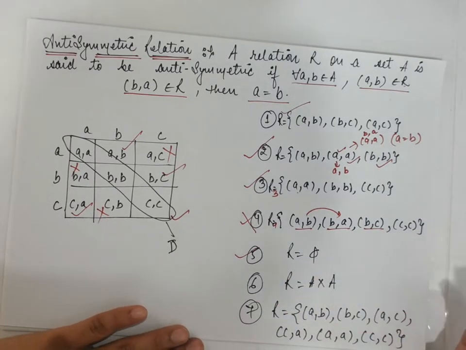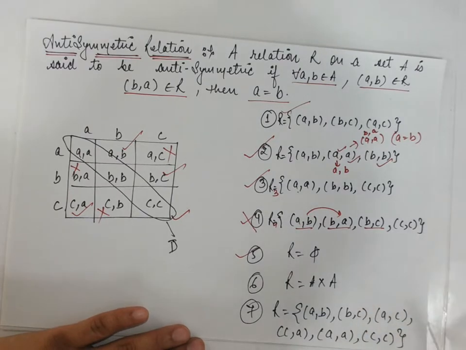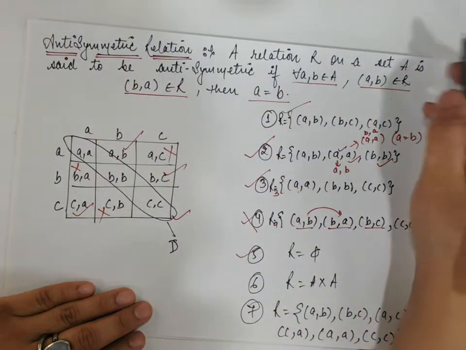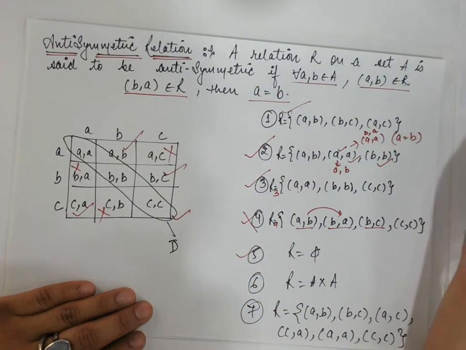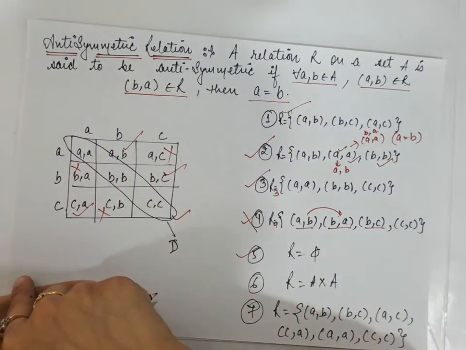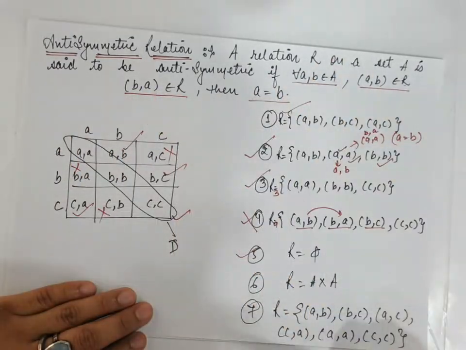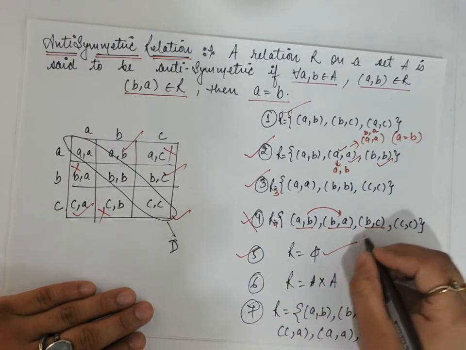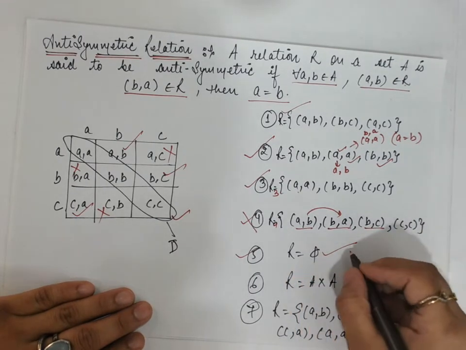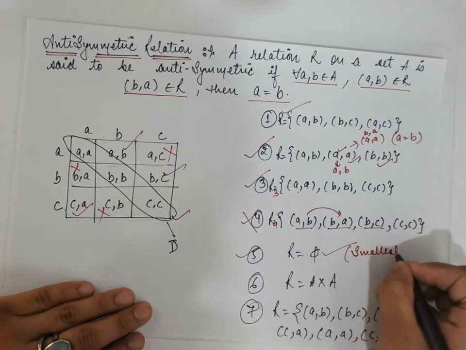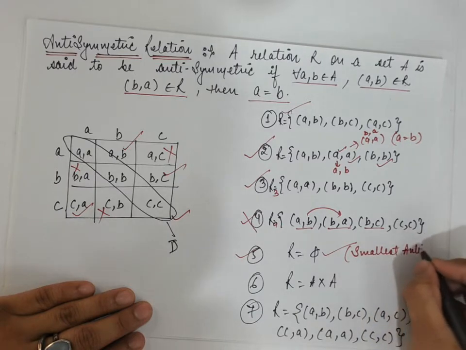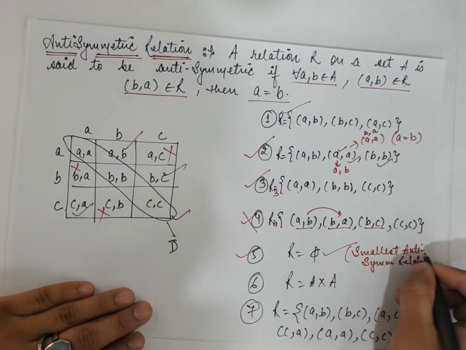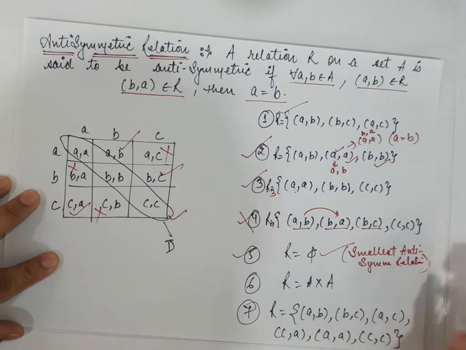If none of the pairs exist in a given relation, then that relation is antisymmetric, because the antisymmetric relation says if (a, b) exists in a relation, then we check whether (b, a) also exists, and then we check whether a is equal to b. If none of the pairs exist, then that is an antisymmetric relation, and R equal to phi is the smallest antisymmetric relation possible for a given set.